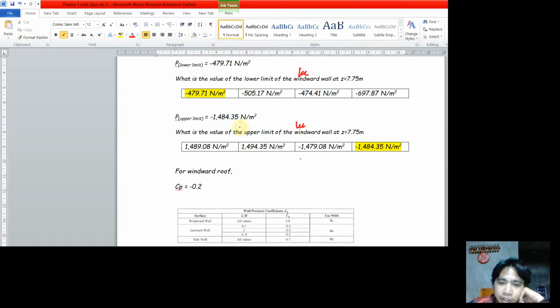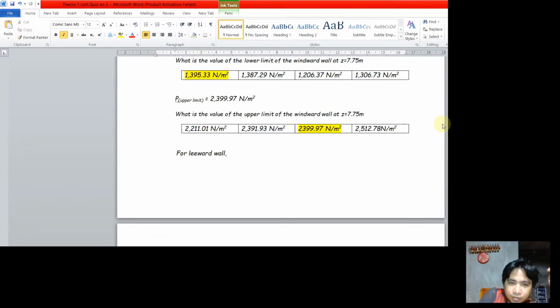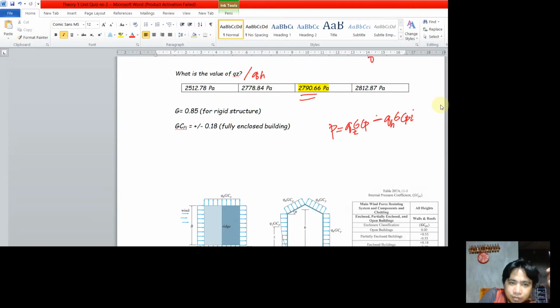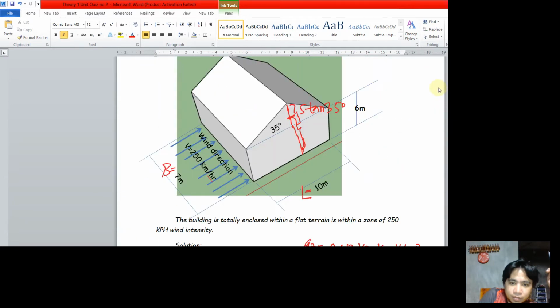So where did we get that? H over L. A while ago, H is 7.75 with an L of, what is L? L is equal to, where's L here? 10. Okay, L is 10.